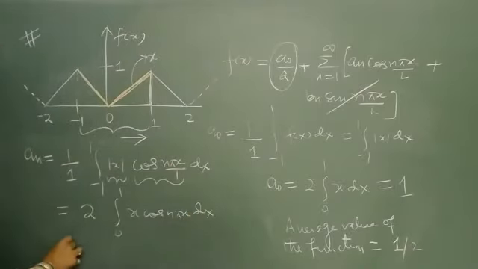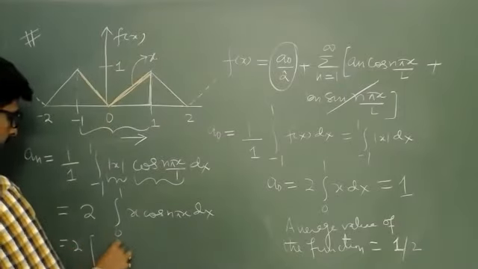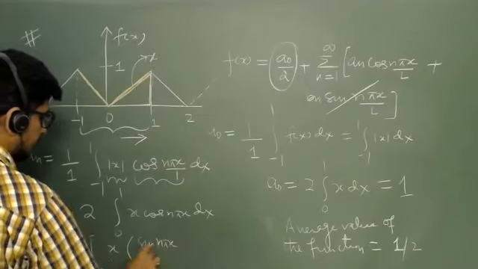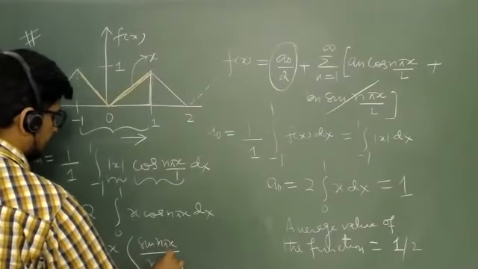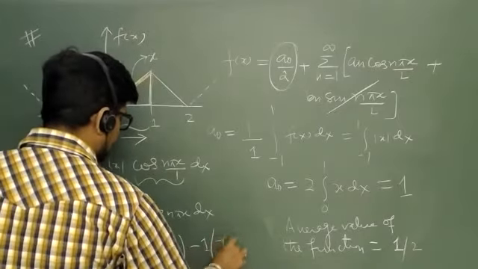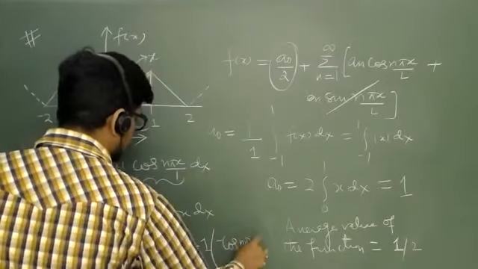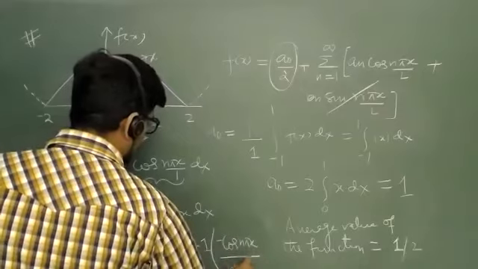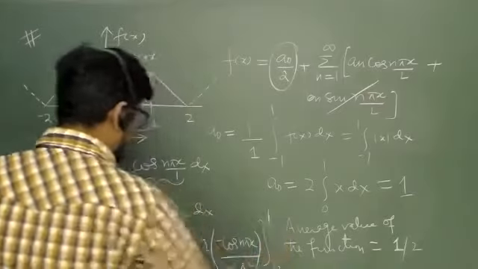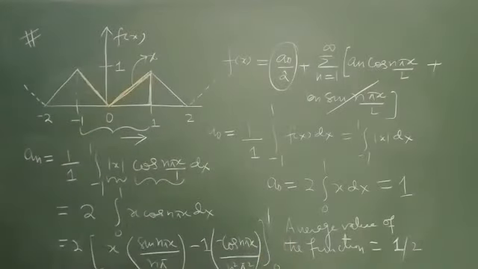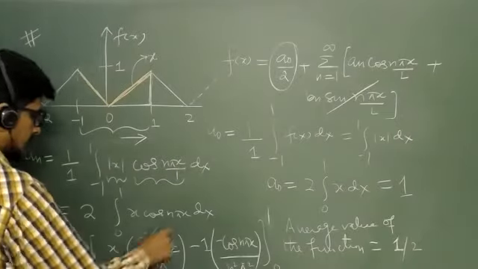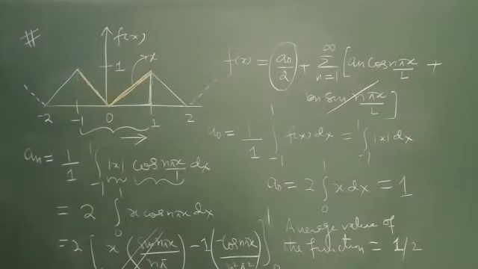So this will be equal to 2 times first function into integration of second, which is sine n pi x by n pi, minus derivative of the first and integral of this. So it will be minus cos n pi x by n squared pi squared, and the limit is 0 to 1. So now when you put 1 or you put 0, in both cases this term will not survive.